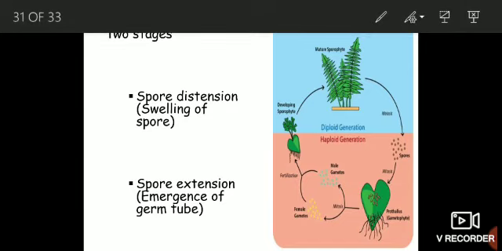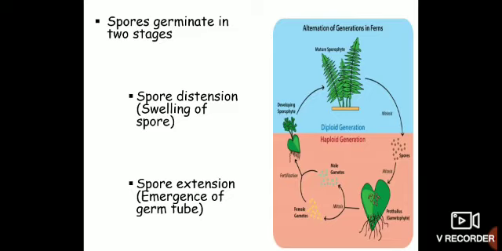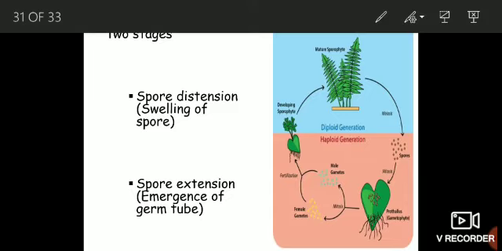Now you are having spores. The spores germinate in 2 stages. The first stage is swelling of spore. After its dissemination, after its dispersal, the spore absorbs water and increases in size. That means swelling of spore takes place because of imbibition of water. The second stage is spore extension. What happens during extension?